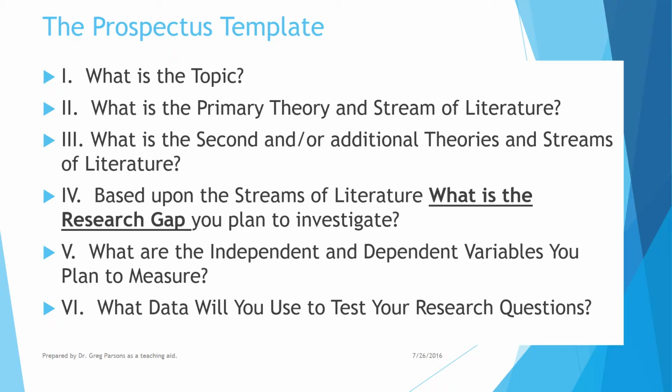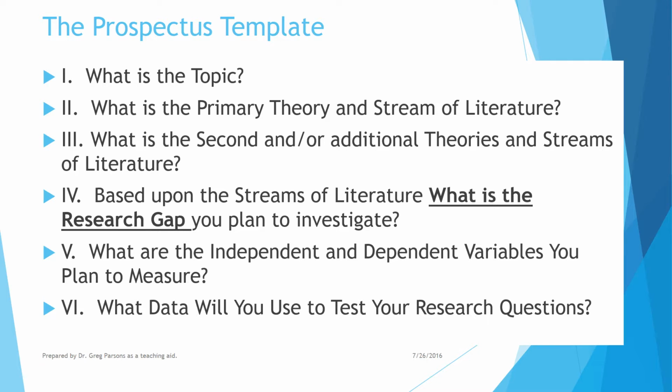And then finally, question 4, based upon the streams of literature, what is the research gap that you plan to investigate? And again, referring back to the previous slide, the gap is where the 2 streams are synthesized together, where they are drawn close, and you say that there's an advantage to looking at this particular theory in combination with this other theory.